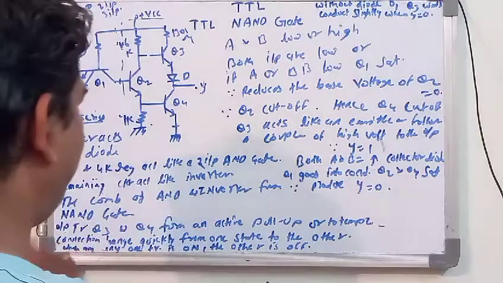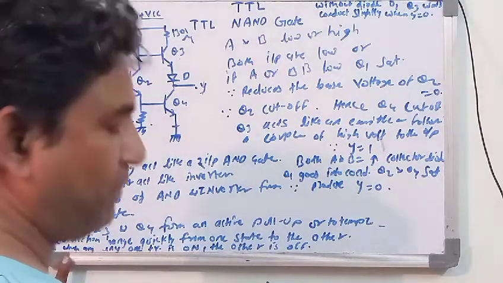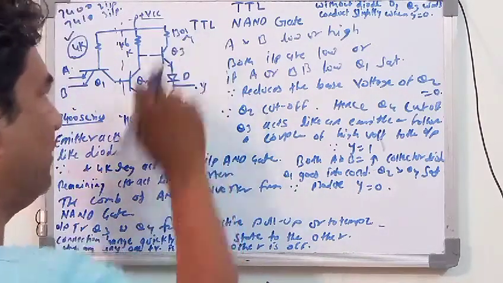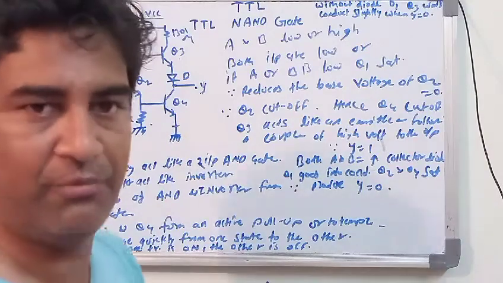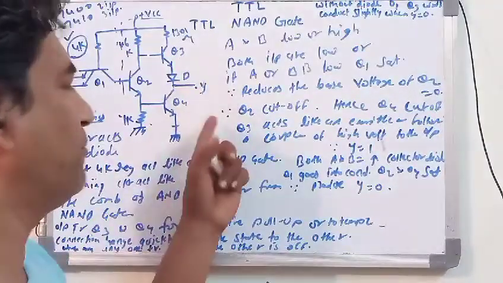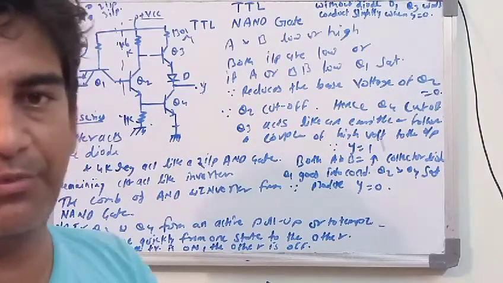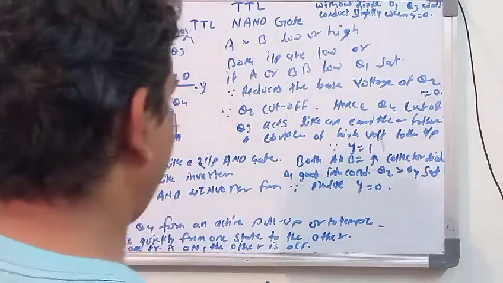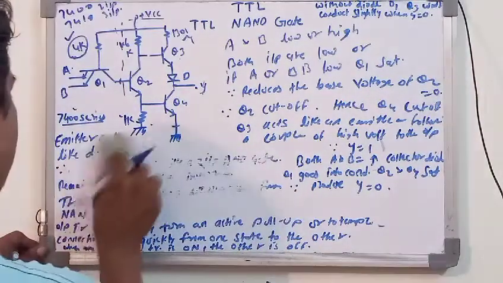When any one of the transistors is on, the other will be off, or vice versa. So one transistor is in the on state and the other is in the off state. According to that, you get the output as 1 or 0. Okay, this much is very much clear to you, I think.